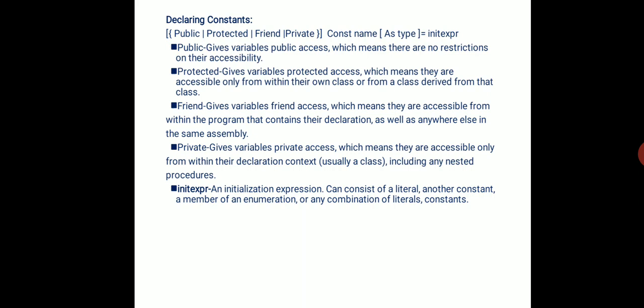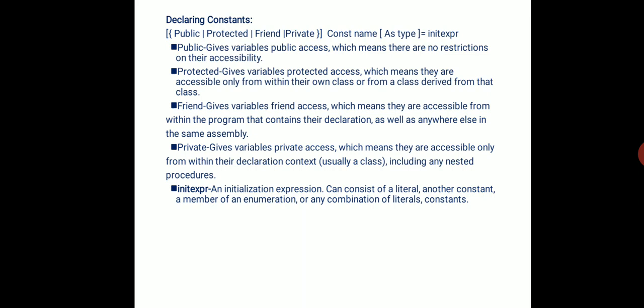First one, public. Public gives variables public access, which means there are no restrictions on their accessibility. Protected gives variables protected access, which means they are accessed only from within their own class or from a class derived from that class, that means parent and child class.